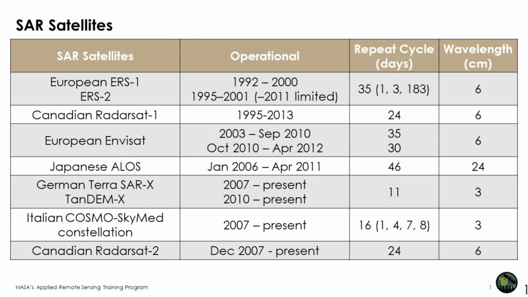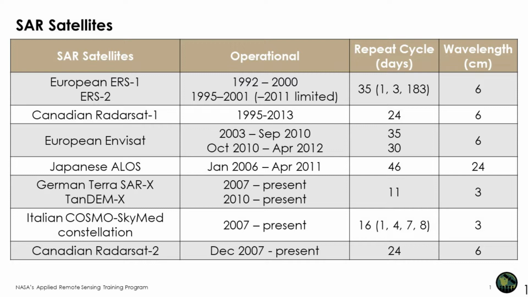The Italian Space Agency operates a set of 4 satellites called the COSMO-SkyMed constellation. They were launched between 2007 and 2010. Each satellite has a 16-day repeat, but because there are 4 satellites, the repeat interval can be as short as 1 day between 2 of the satellites, 4 days between 2 of the other satellites, and then 8 days between the other satellites.